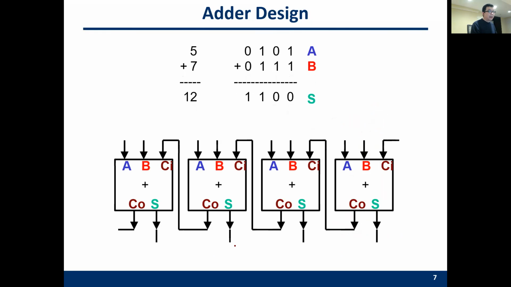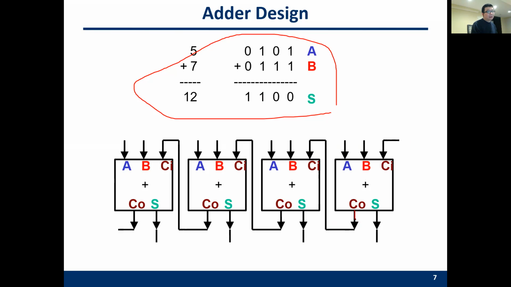With the 1-bit full adder, we can build a full 4-bit adder to conduct this 4-bit addition. The method to build a 4-bit adder is very simple. You just sequentially connect 4 1-bit full adders together.